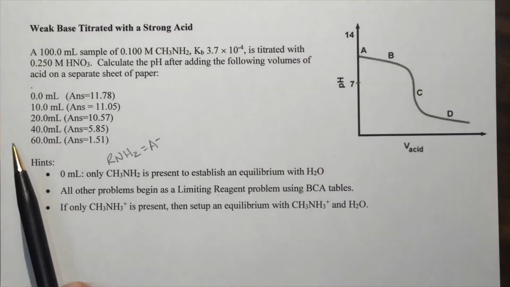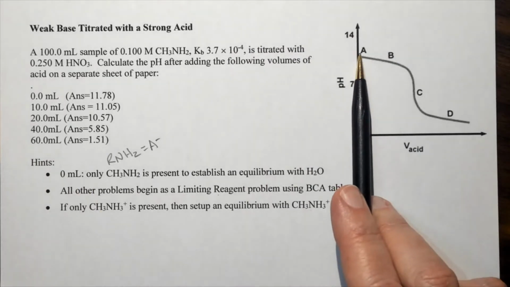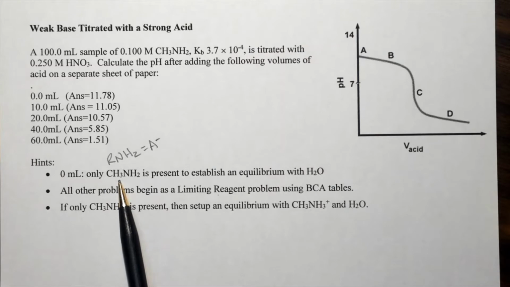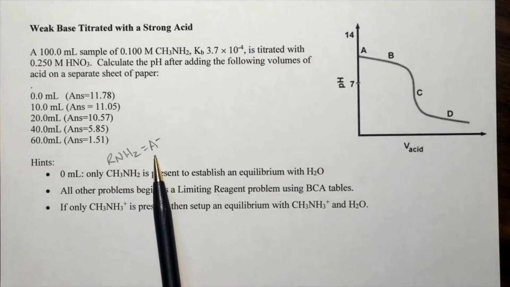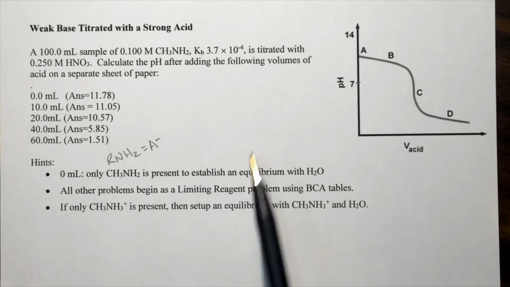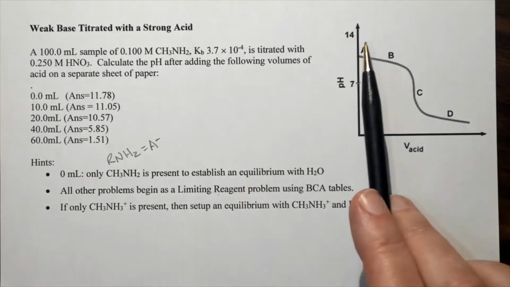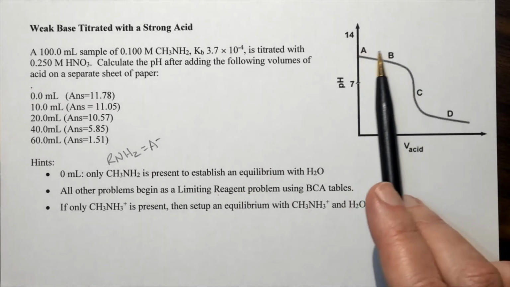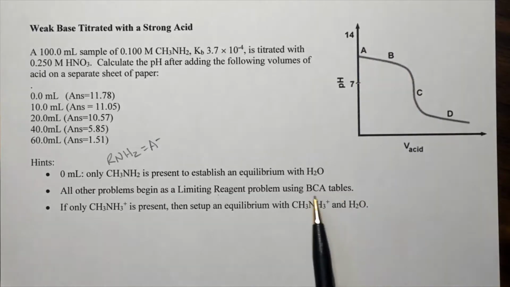Okay, so some hints as we start to work through these. At 0 mLs, all we have present is CH3NH2. I'm going to abbreviate this NH2. Remember that this is our A minus. So we're going to establish an equilibrium with H2O. Once we get past this point, all other points are first going to be worked as a limiting reagent problem, meaning we'll be using BCA tables.